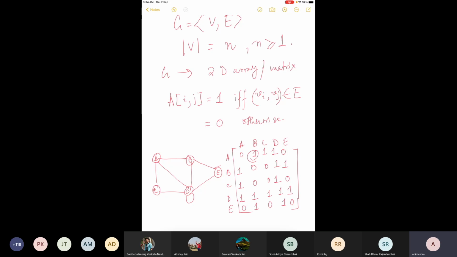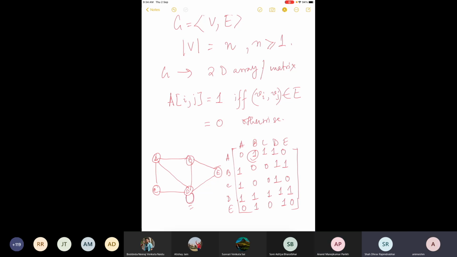Shouldn't the entry for D, D be 0? No, D, D is 1, because it has a self loop.